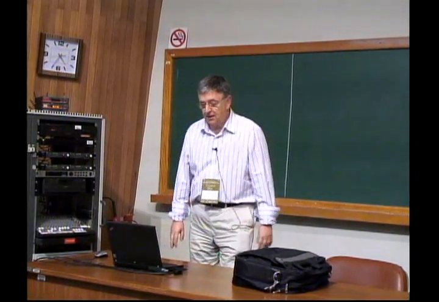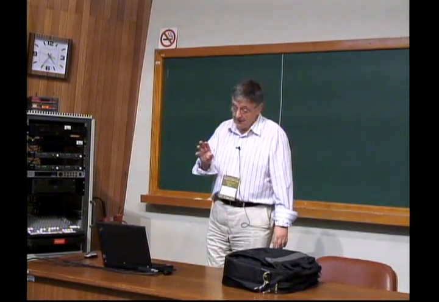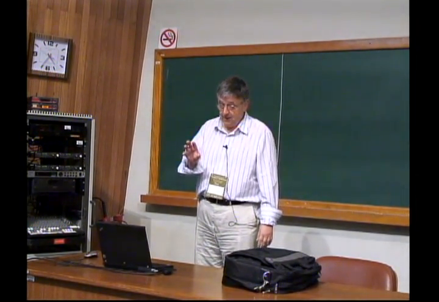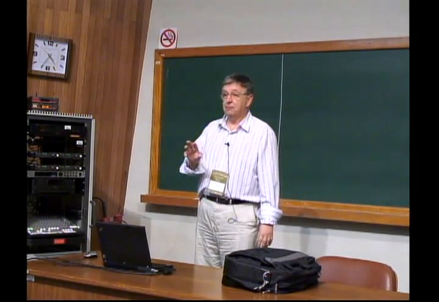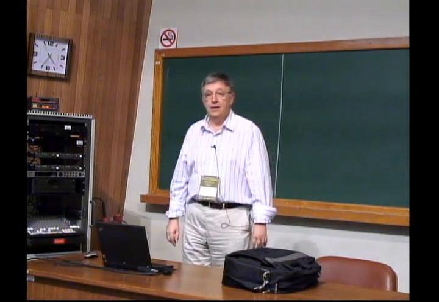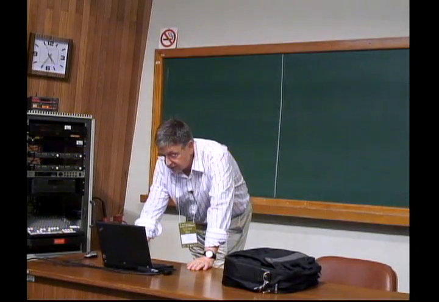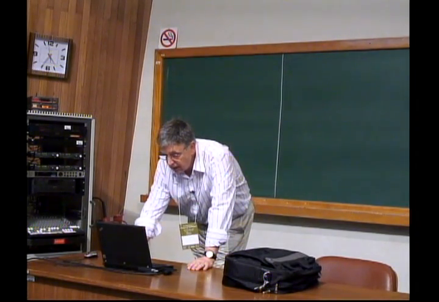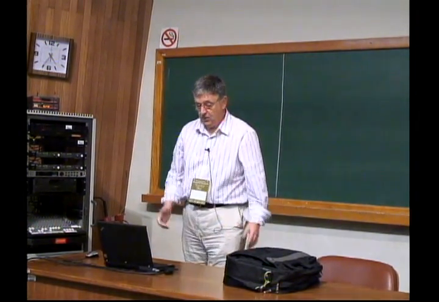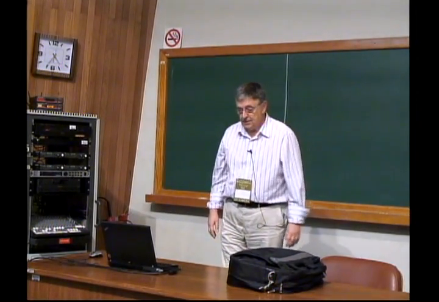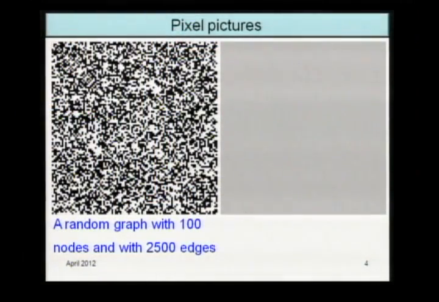Okay, so this way, to every graph I associate this picture, which I will think about as a function in two variables defined on the unit square, with values 0 and 1. We talked about random graphs, so here is a function obtained from a random graph with 100 nodes and half of the edges present.